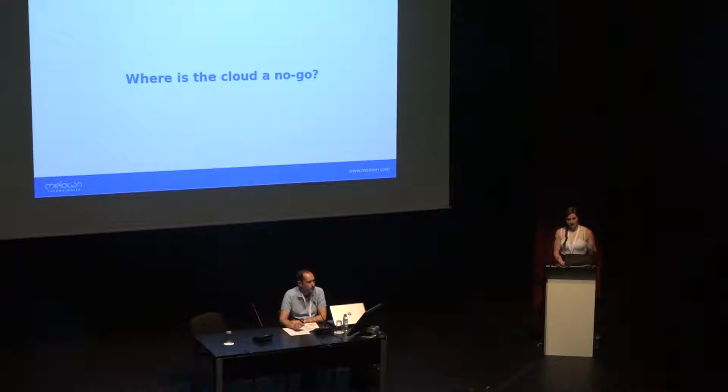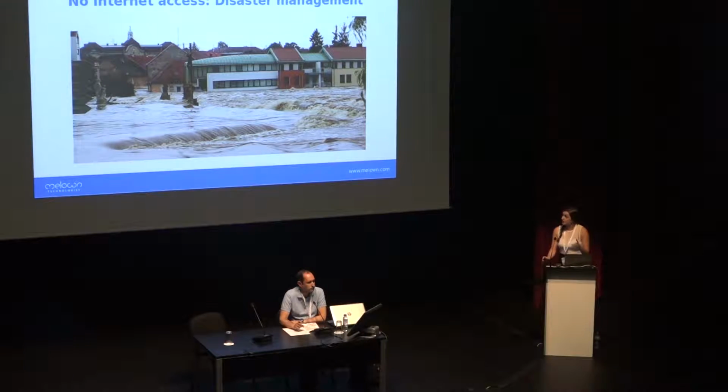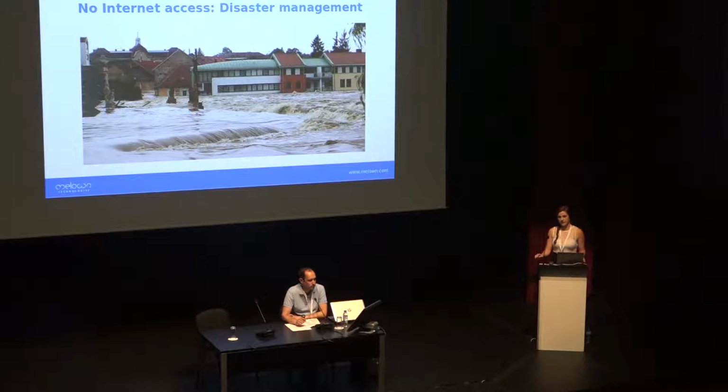The fact that the cloud needs an internet connection means that there are cases where working with the cloud is excluded. One such example might be disaster management. In case of some natural disaster, like a hurricane or flood, the telecommunication networks are the first to be affected.